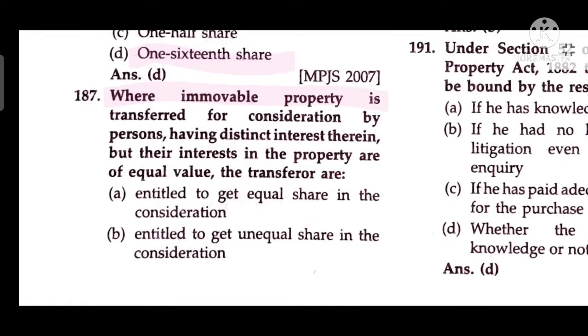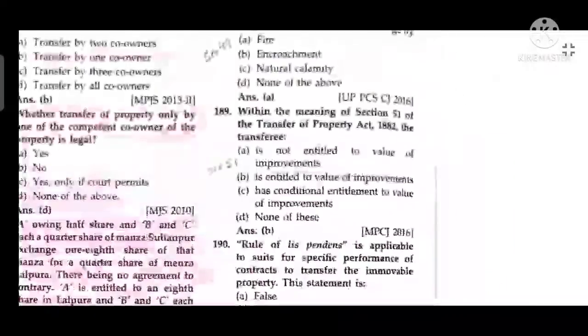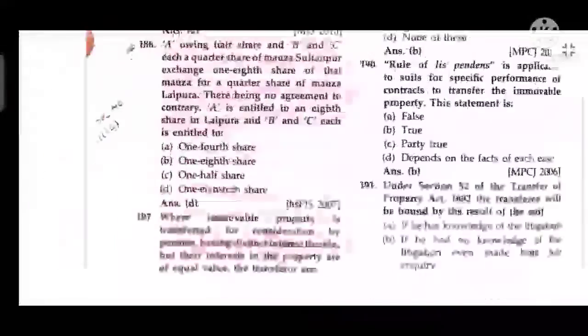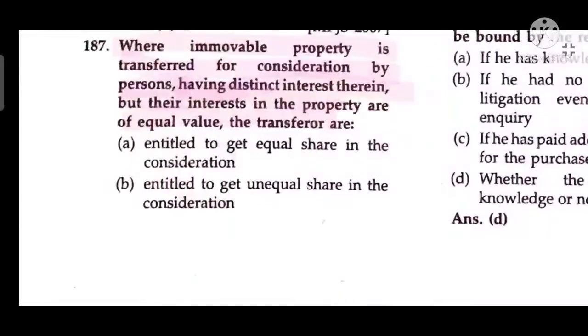Where immovable property is transferred for consideration by persons having distinct interests therein, and their interests in the property are of equal value, the transferors are entitled to get equal shares in the consideration.